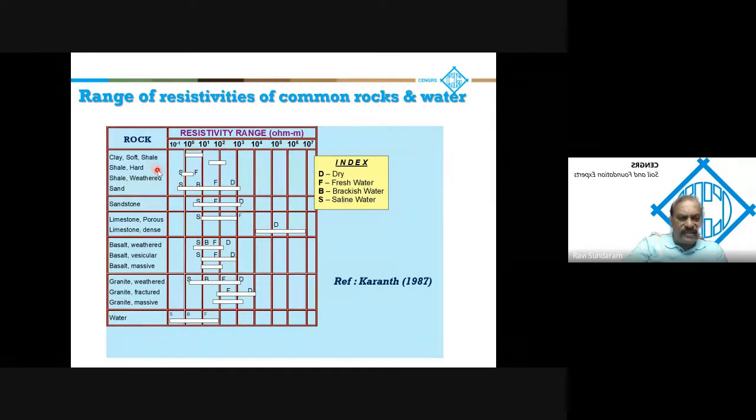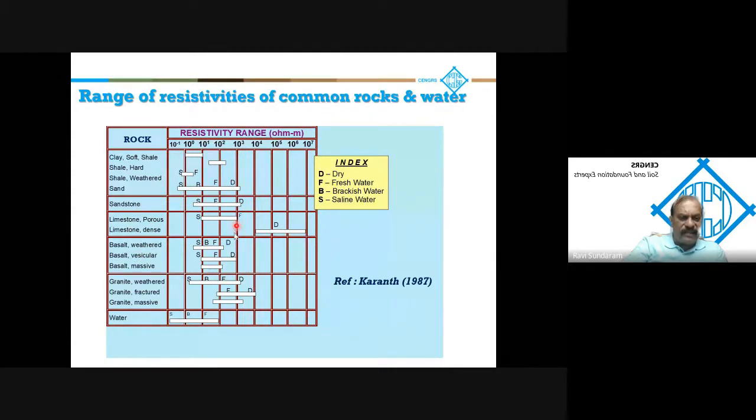So you can see that if it is fresh water or if it is dry, the resistivity would increase, whereas with saline water or brackish water, you would get a relatively lower resistivity.